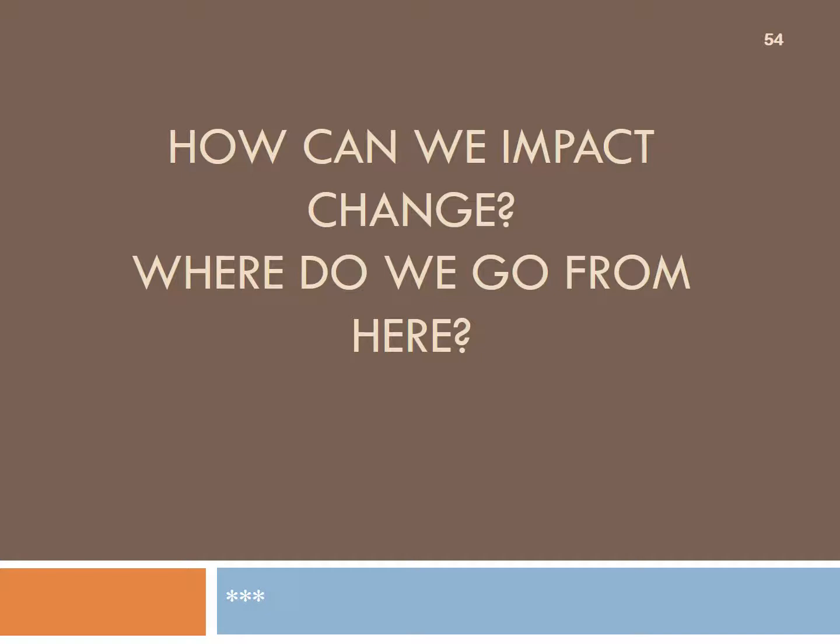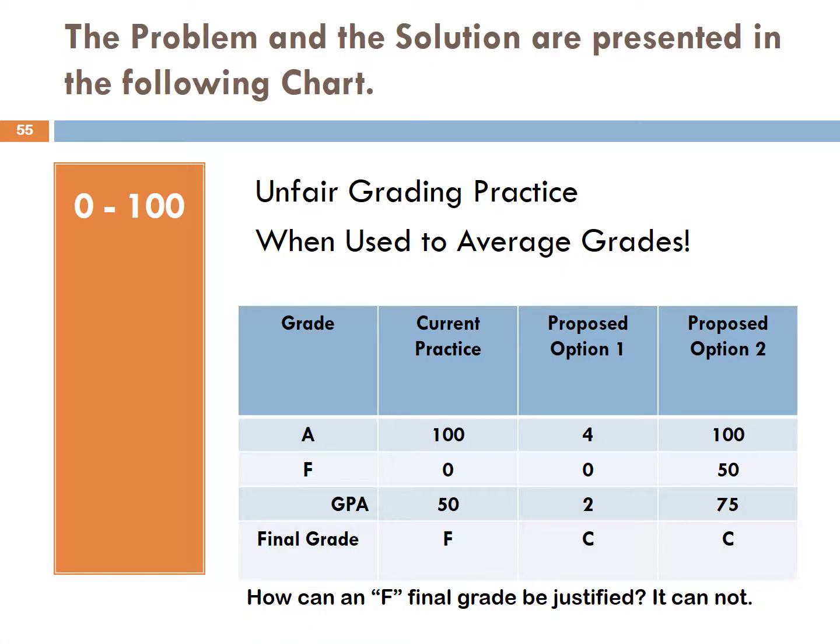How can we impact change? Where do we go from here? The problem and the solution are presented in the following chart. 0 to 100 is unfair grading practice when used to average grades.